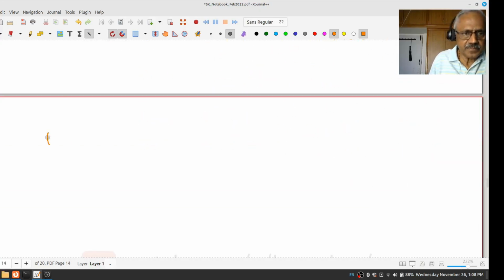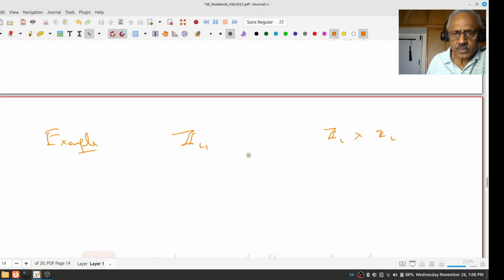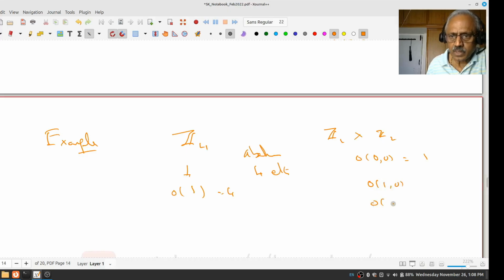For example, let's look at Z4 and Z2 cross Z2. Both are abelian groups with 4 elements, but here the order of 1 is 4. Here the order of 0 0 is 1, and the order of any element, 1 0, 0 1, or 1 1, is 2.